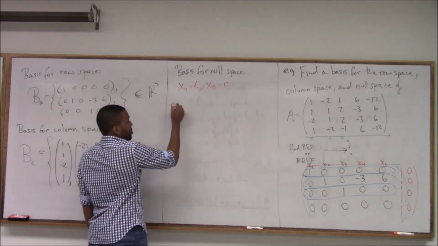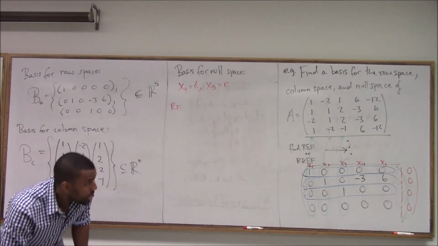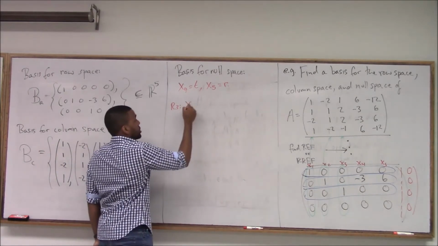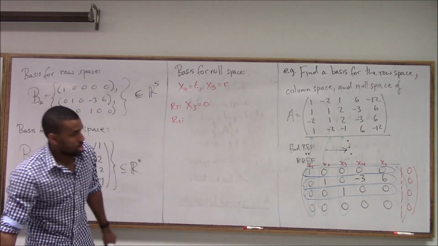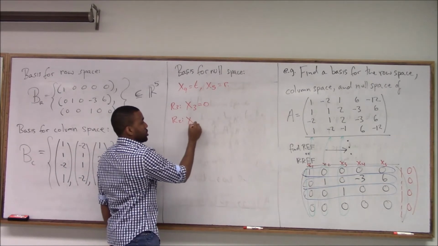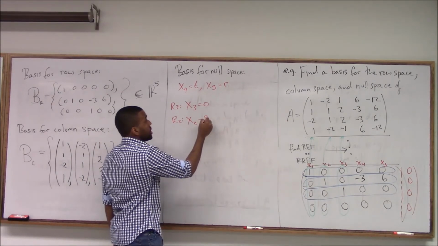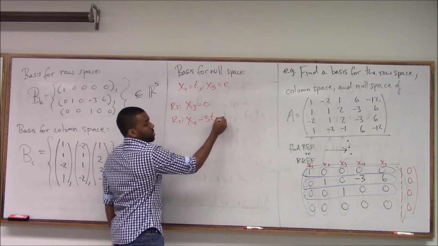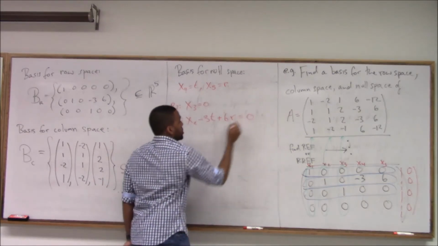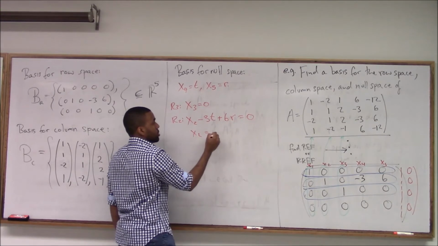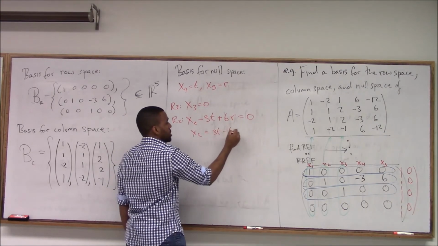So in row 3, you would get that your x3 is equal to 0. In row 2, you would get that your x2 minus 3x4 plus 6x5 is equal to 0. So in other words, your x2 is going to be 3t minus 6r.